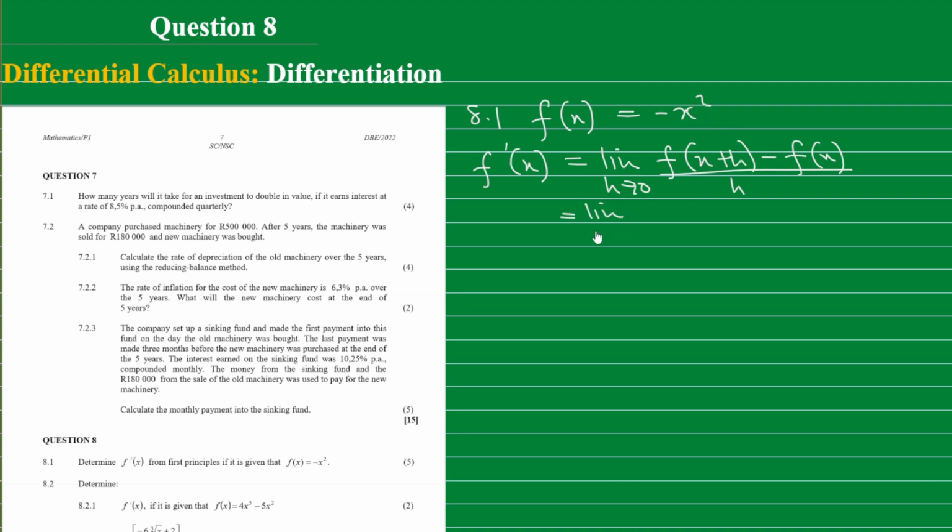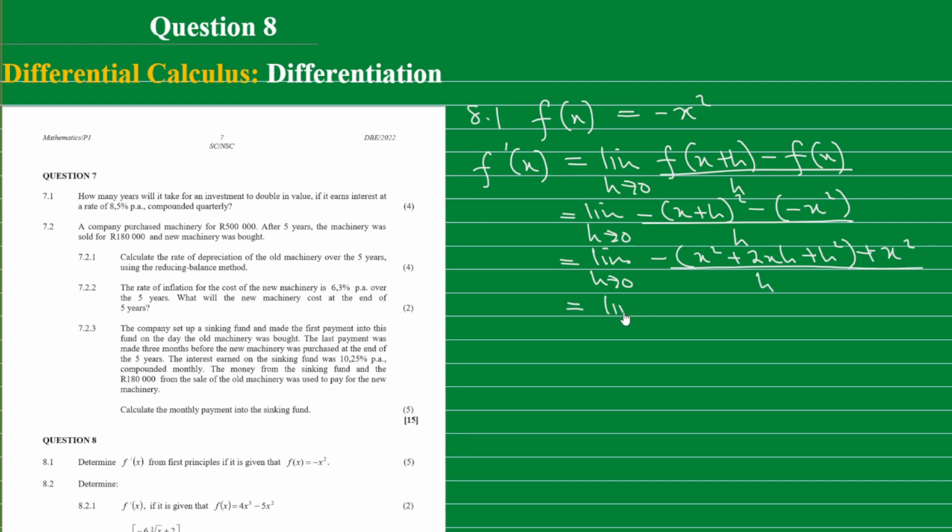into our function. The limit as h approaches 0, f of x plus h, that is negative x plus h squared, minus the function itself, which is negative x squared, everything over h. Expand here, we'll get negative of x squared plus 2xh plus h squared plus x squared over h.